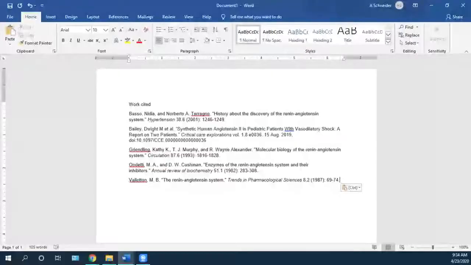Okay, over here, this is an example of a works cited that I created just for our example for today. It had some of the papers that I looked at to look at the discovery of the renin angiotensin system, and then some random papers there to give you an idea what a works cited is going to look like.